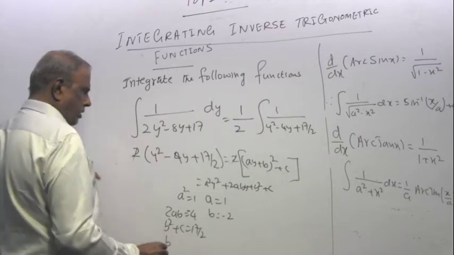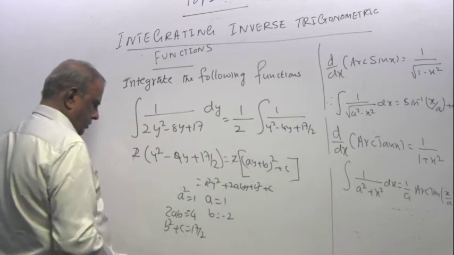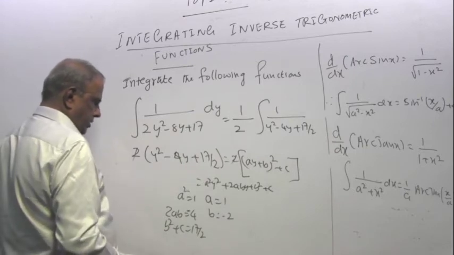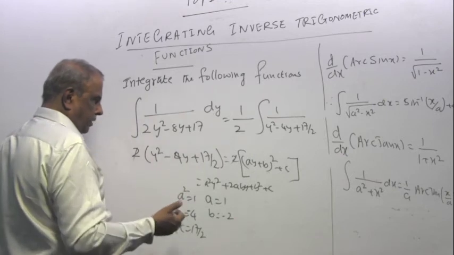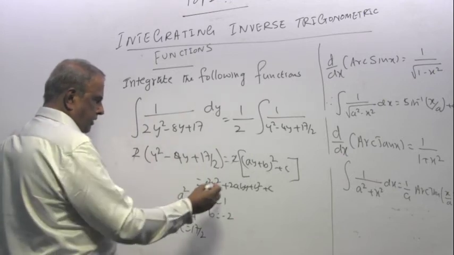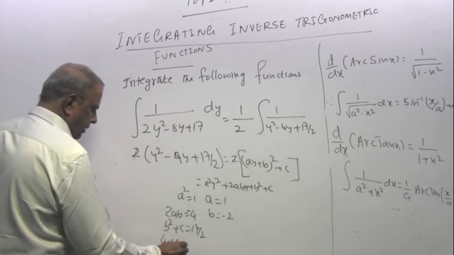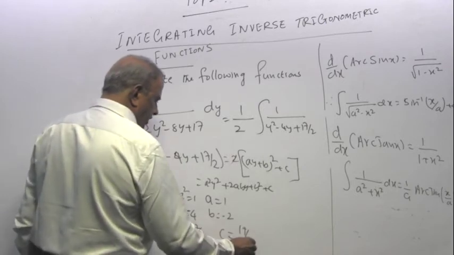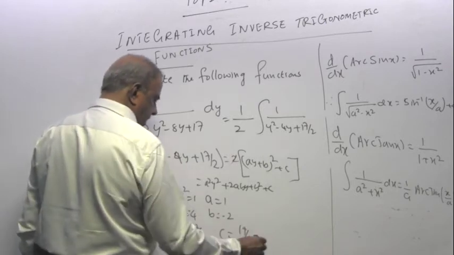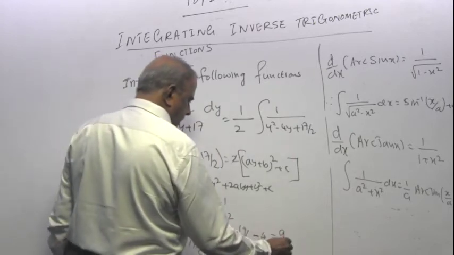So, is it correct? Yeah. b squared plus c: b squared is 4, plus c is 17 over 2. So c equals 17 over 2 minus 4, which will be 9 over 2.